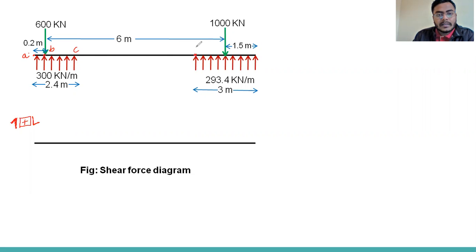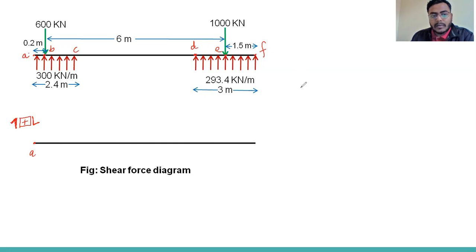Here this point is D. The point just below the concentrated load is E. At the end point there is F. So A, B, C, D, E, F. Okay, now we can locate A. So the shear force at point A will be 0.